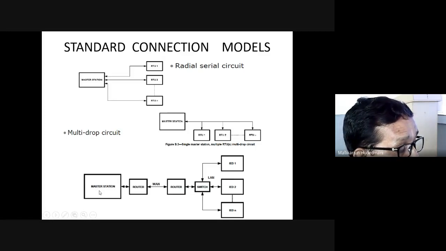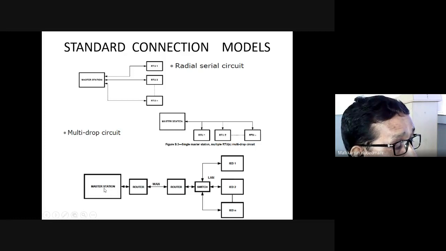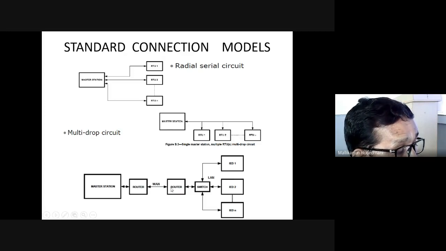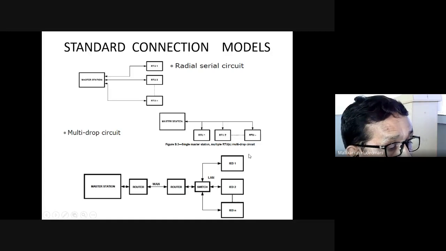Likewise, the master station gets connected to individual end devices via this wide area network mechanism, wherein the information from the master station is routed to a router, and on the other side at the field, it receives the information via the router and switches into a number of possible interconnections, 1 to n, in bidirectional mode of communication.